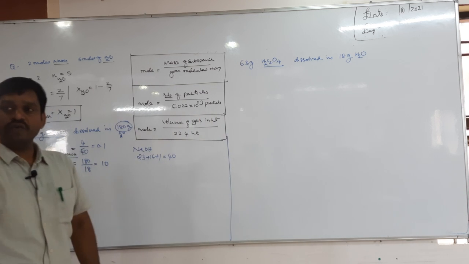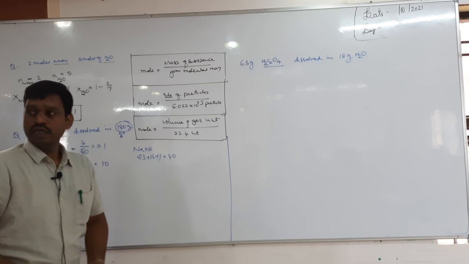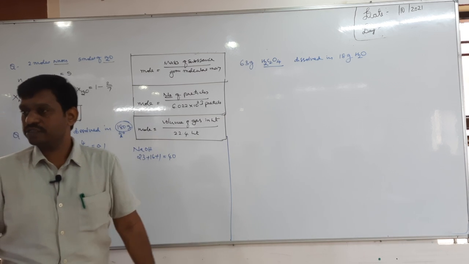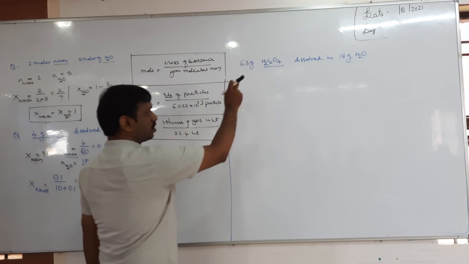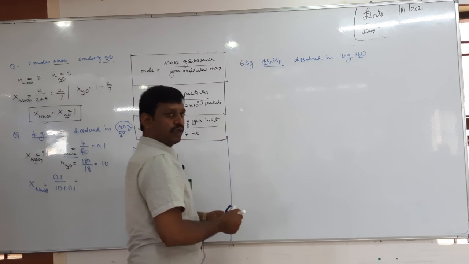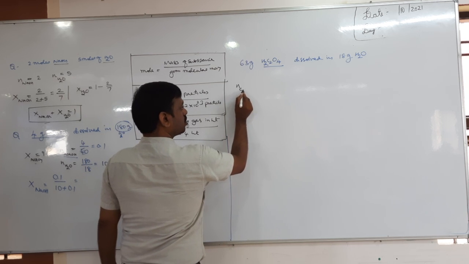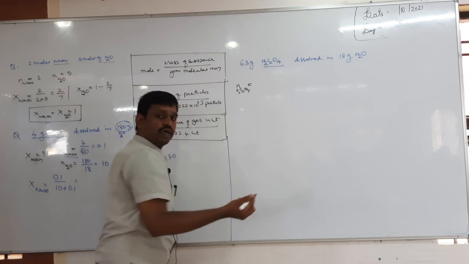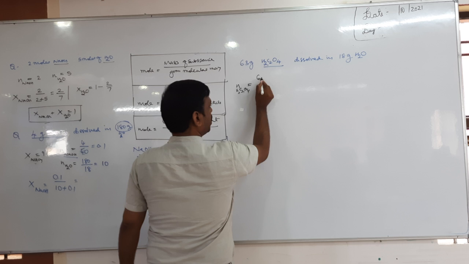So here the mass of the oxalic acid is given and the mass of the water is given. Then from the mass, what to calculate first? The number of moles. Calculate the number of moles of oxalic acid and of water. When mass is given, how do you calculate number of moles? It is mass by gram molecular mass. So mass is 6.3.